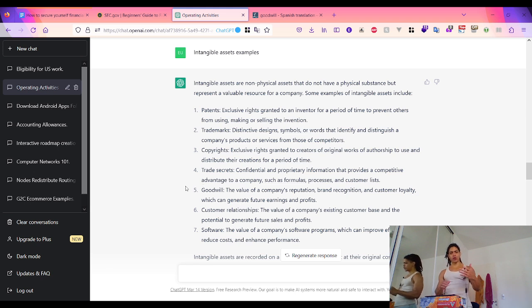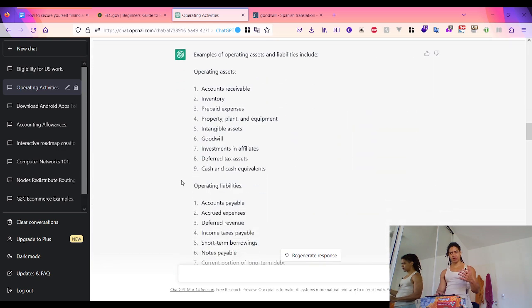So after looking at the intangible assets, we have investment in affiliates, which is an investment that a company makes in another company to influence it without total control.